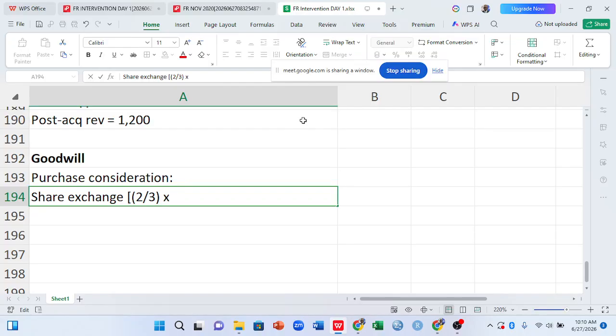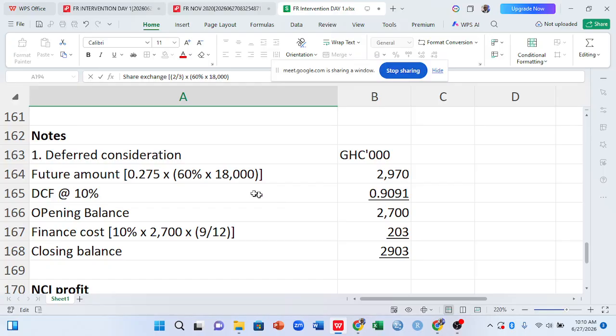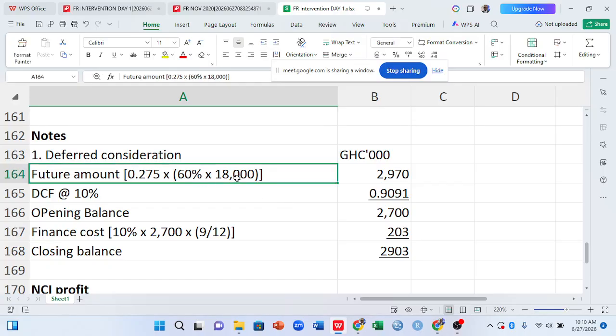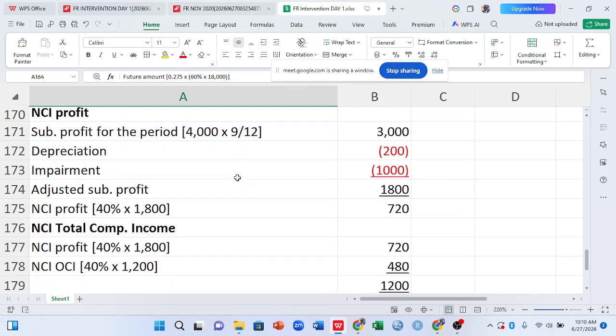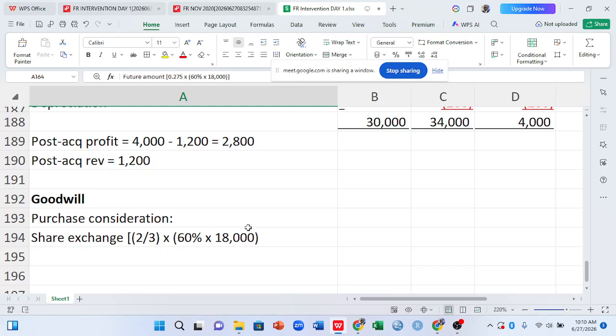How do we get the shares we acquired? Remember, we already did something like that. It was 60% on the 18,000. We did that when we were doing the deferred consideration. So the same procedure: 60% on 18,000 will give us the shares acquired.